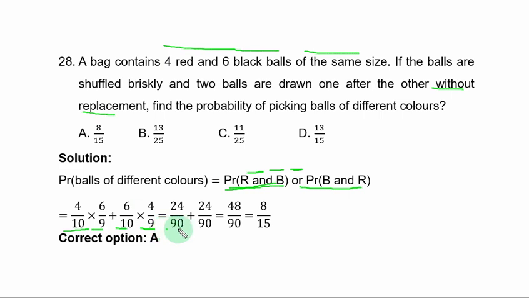That simplifies to this. You add the like fractions, you add 24 and 24, you have 48 over 90, and that simplifies to 8 over 15. A is the correct option.